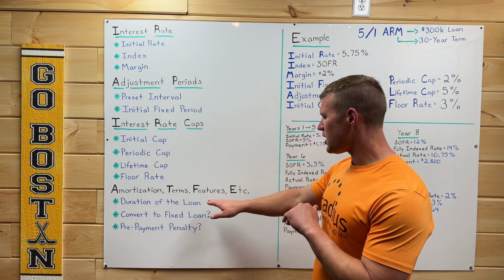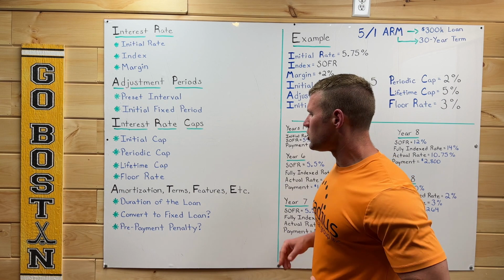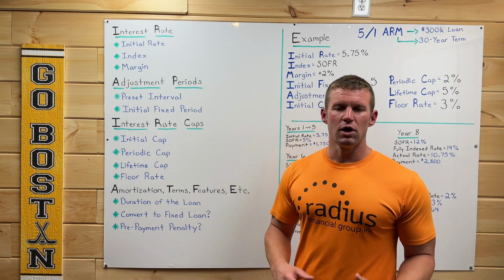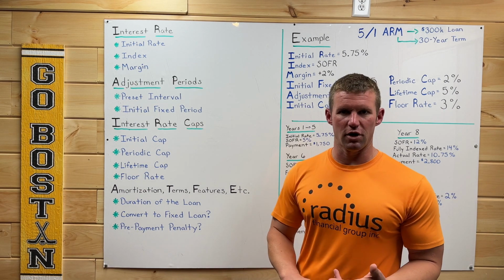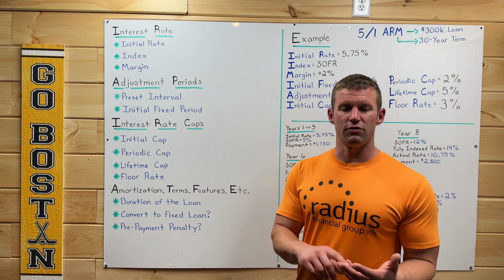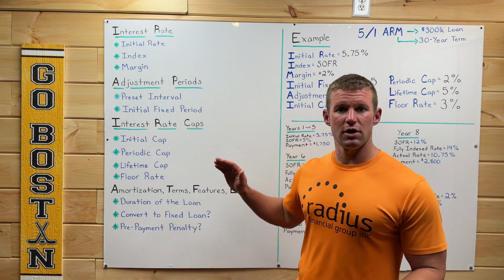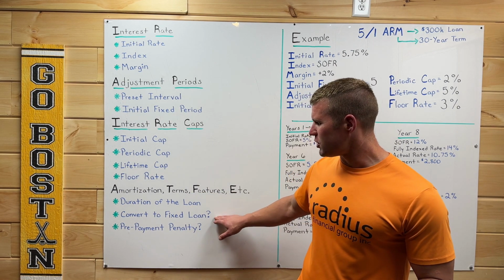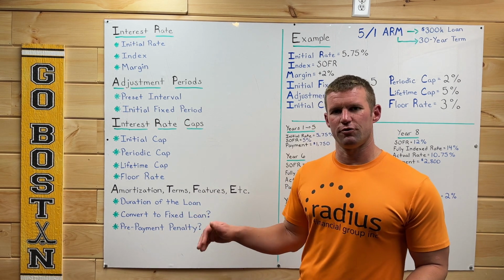All right, last up here, we've got amortization, terms, features, etc. So essentially, this is just things to be aware of. Duration of the loan: adjustable rate mortgages are not just for 30 years or 15 years. You can get these in any variety, 5, 10, 15, 20, 25, 30 years, right? So it's similar to the fixed world as far as that. Another feature you might want to be aware of is your ability to convert to a fixed loan.